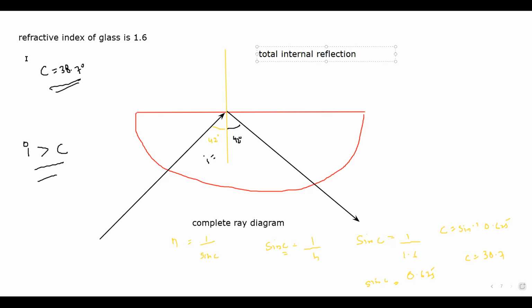And what we observe when the angle of incidence is less than or equal to the critical angle, we observe partial refraction and reflection.